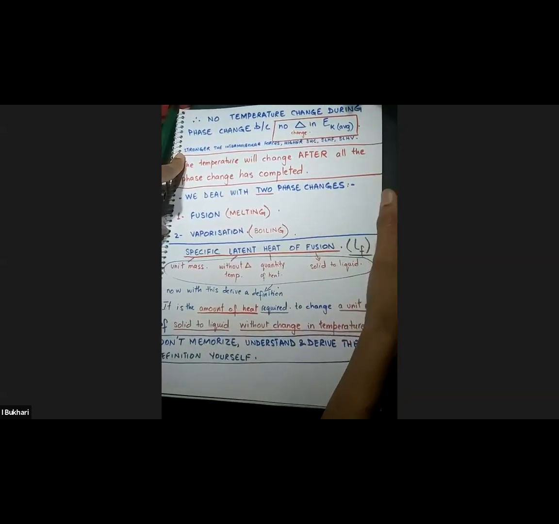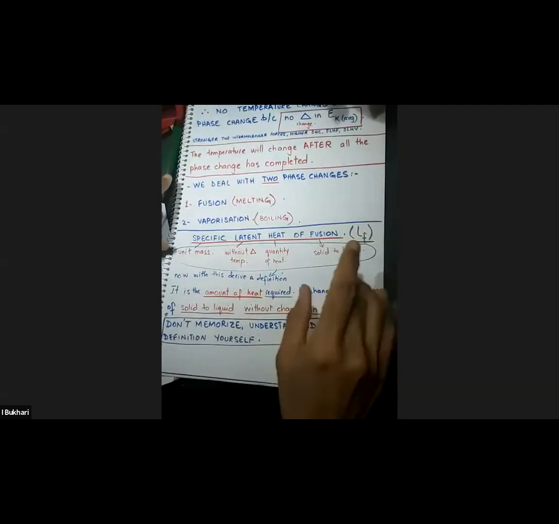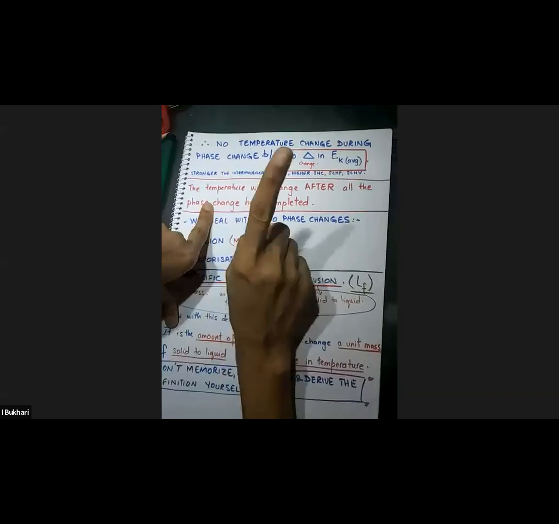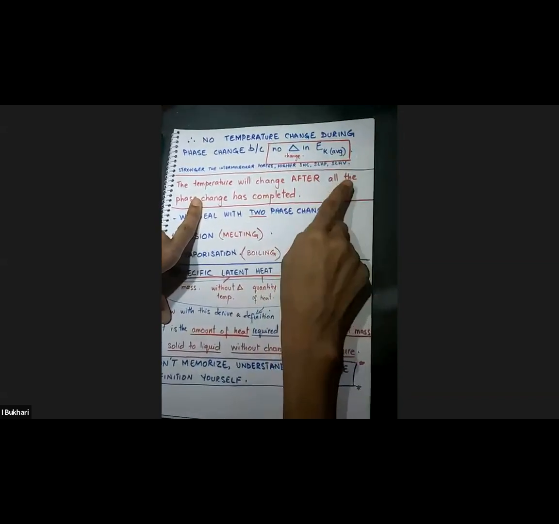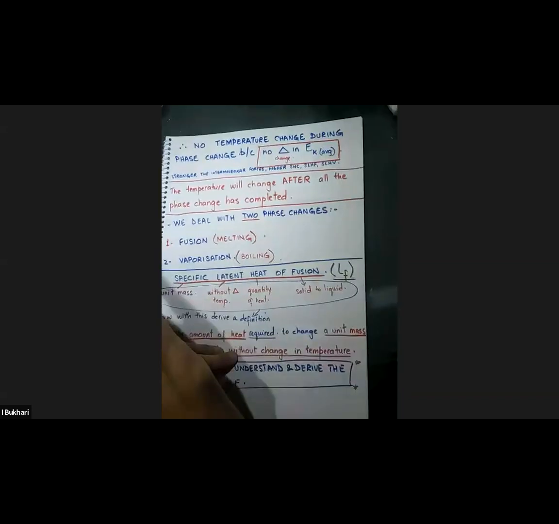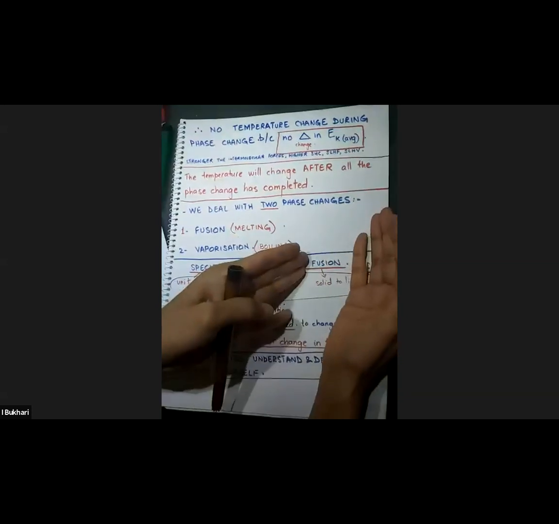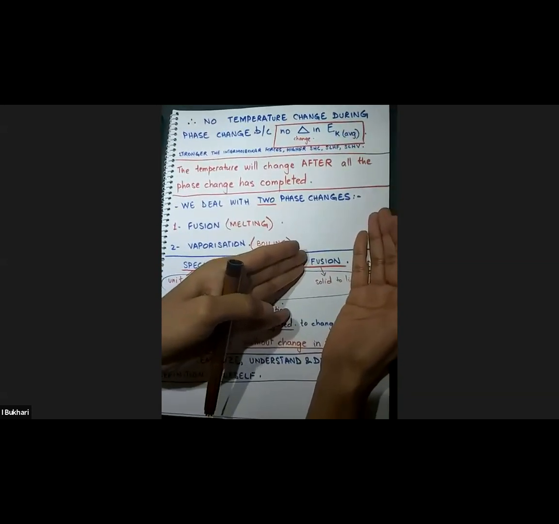So we say that the temperature is constant, right? So the temperature will not change during the phase change, but it will resume increasing once the phase change has been completed, meaning once all the ice has completely melted into water.